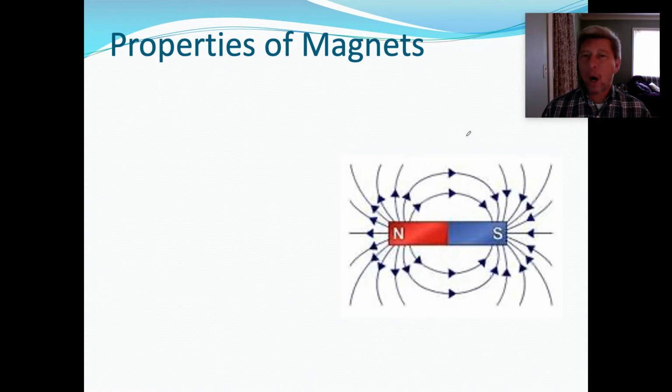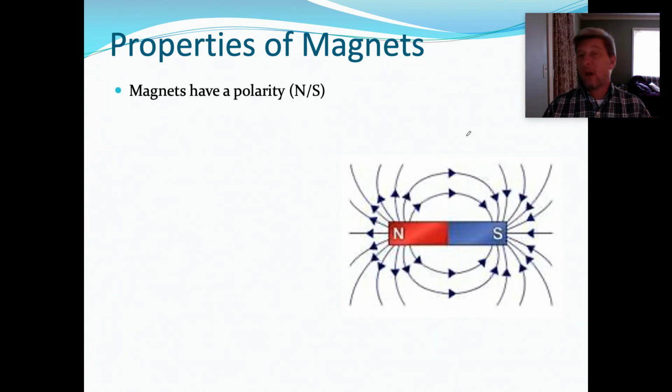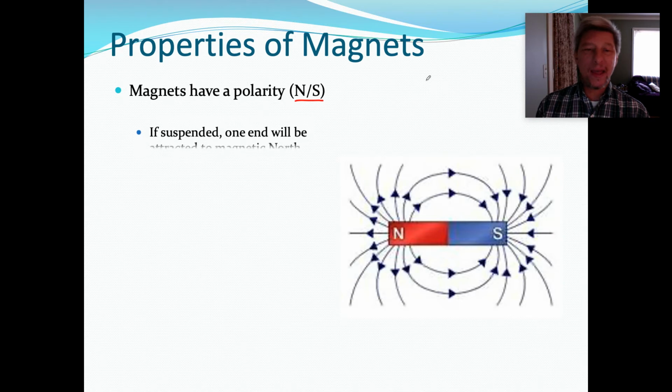First of all, a bar magnet, a long piece of metal that is magnetic in nature, has two poles, okay? And we refer to these as a north pole and a south pole. That's what the N and the S shown here are. So magnets are polar. They have opposite ends.